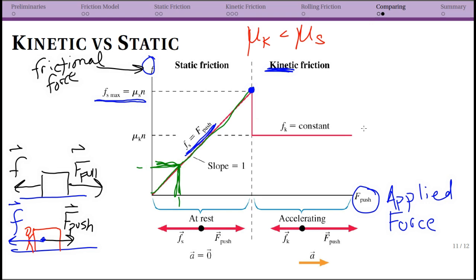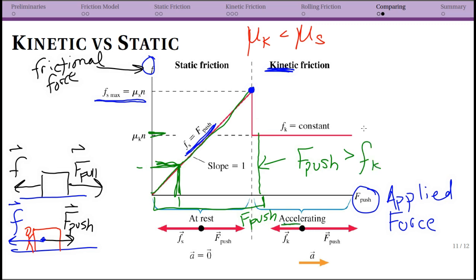So what that means is if you are, for instance, pushing right here, this is now your F push. And this is your kinetic friction. Notice that for this point, F push is larger than your kinetic friction force.